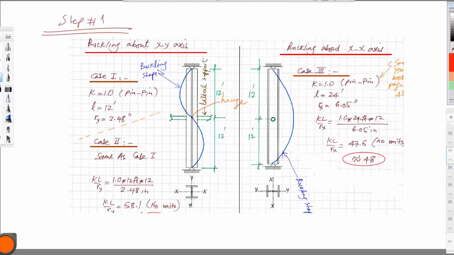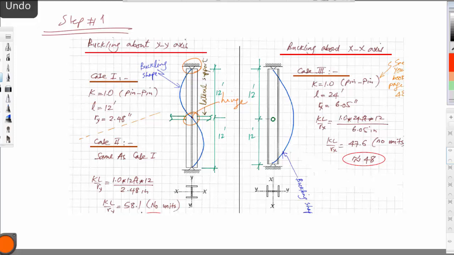Always. So we have two cases, one case here and one case here. As far as K is concerned, it says hinge and hinge, so the K value is equal to 1. The other case is also hinge and hinge, so the K value is also equal to 1.